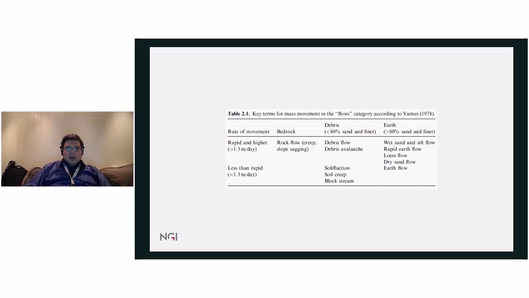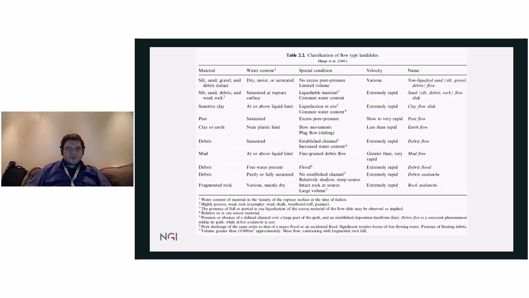There are some key terms for mass movements in the flow category, for example rapid and higher, and less than rapid. Normally, the types of events that are more important to model in the runout phase are those that have rapid and higher rates of movement. There is also a classification of flow-type landslides by Hungr, which is shown in this table.